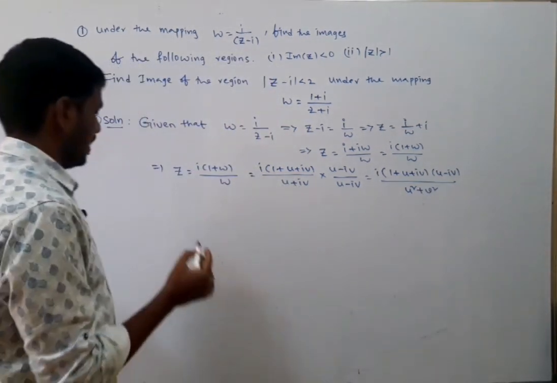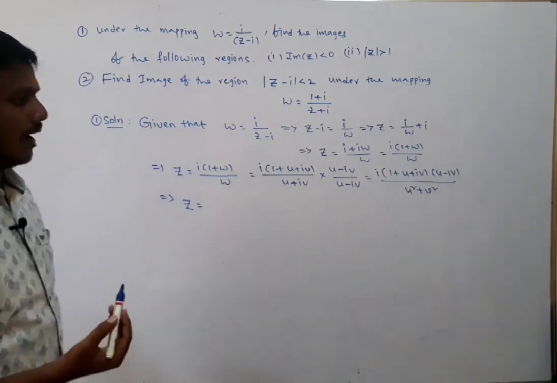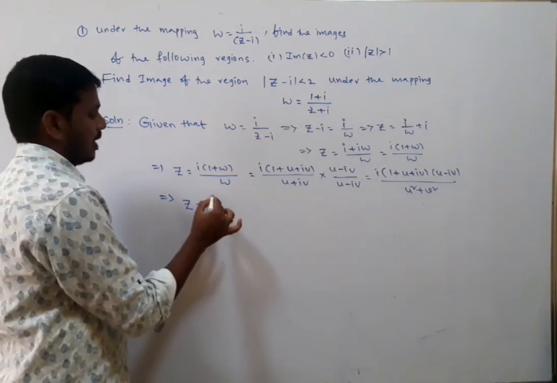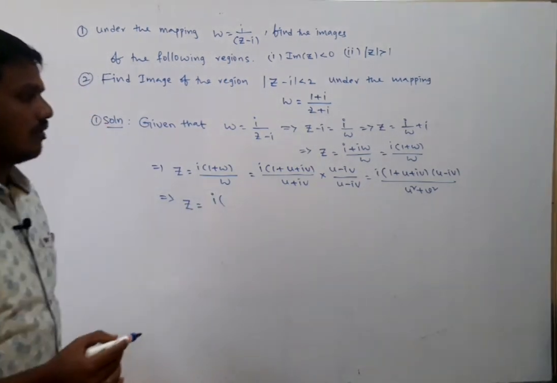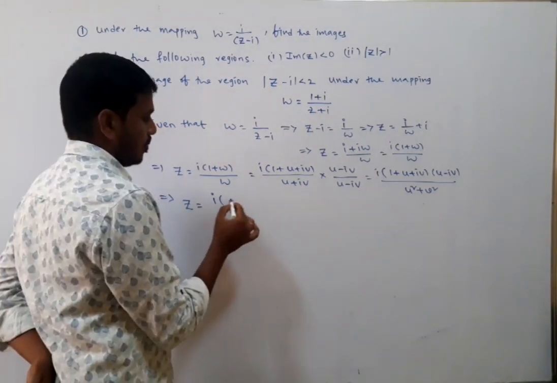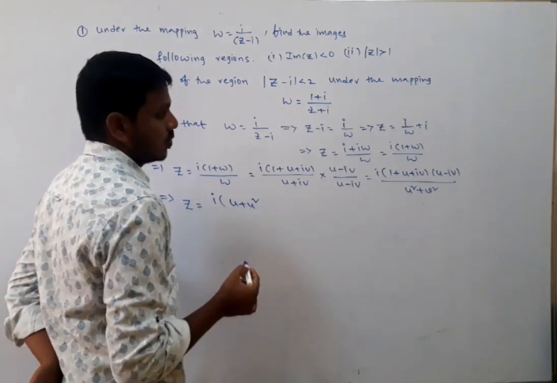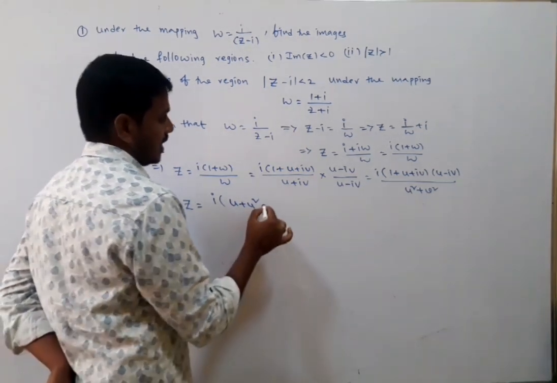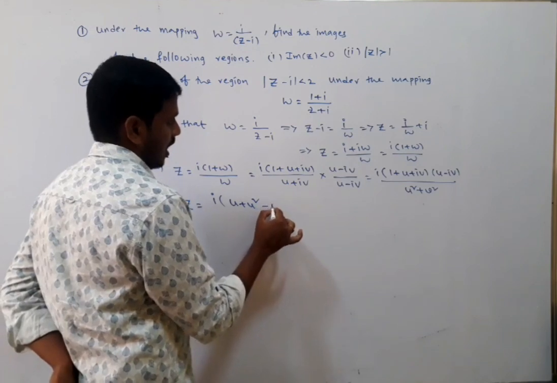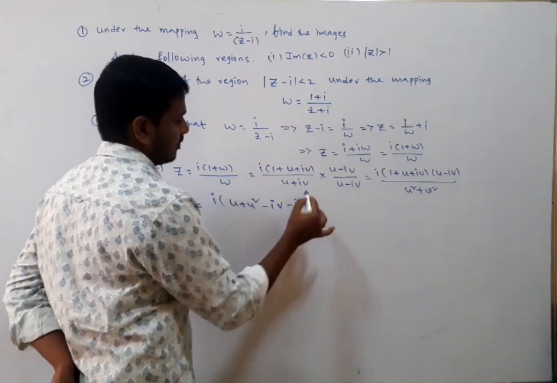So which can be written as Z is equal to i into, multiplying, 1 plus u into u, this is u square plus u. Next, 1 plus u into iv minus iuv.